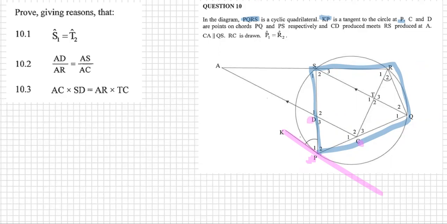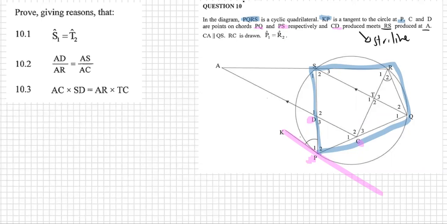are points on the chords PS and PQ, and CD produced. Produced just means straight line to meets RS, which is produced at A. Okay, so those are all just telling you that it's straight lines. So let's take a look.